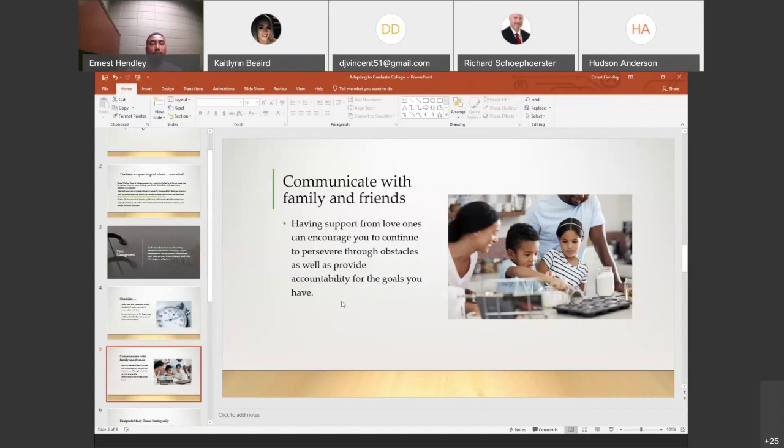We don't want you by any means to become a student and then negate your responsibilities as a parent or negate your responsibilities as a wife, husband, etc. We want grad school to be enhanced, and we want you to take the journey, bring your family along with you. The people who do that effectively are the most efficient at being able to balance their time in grad school.